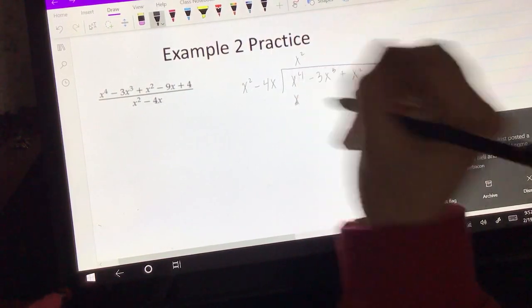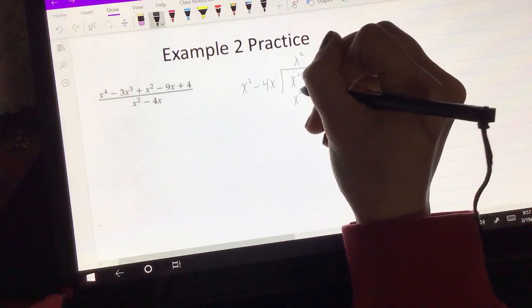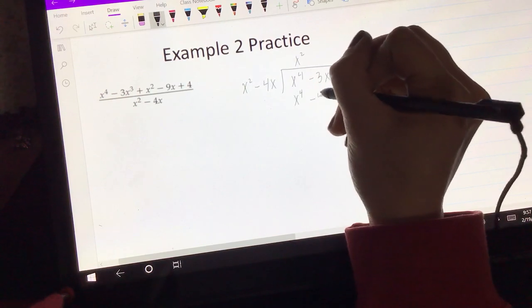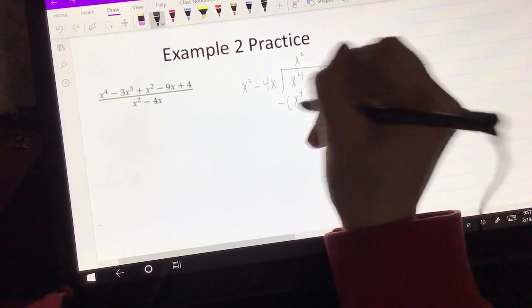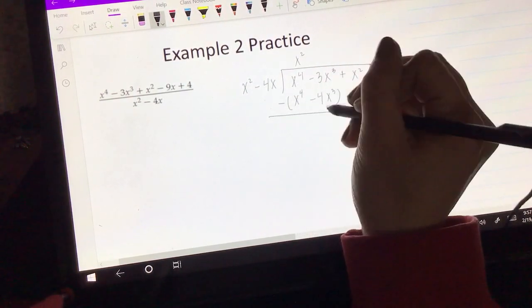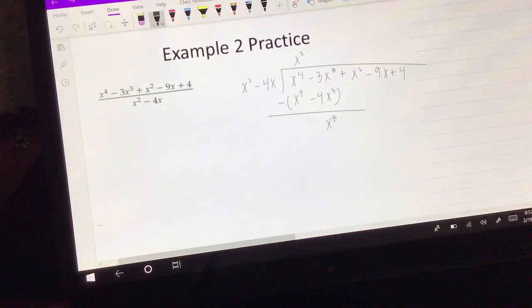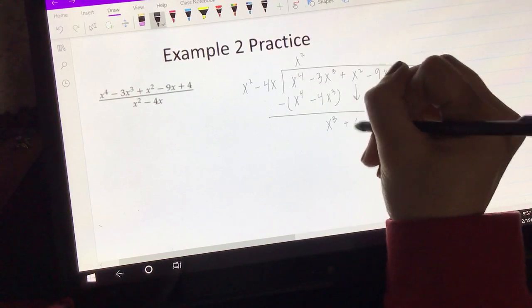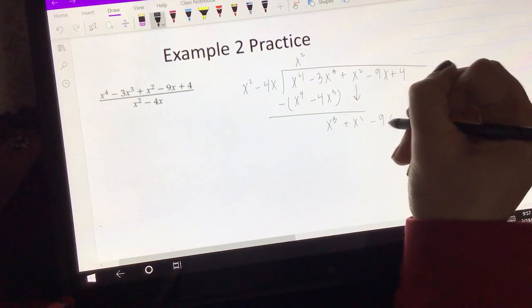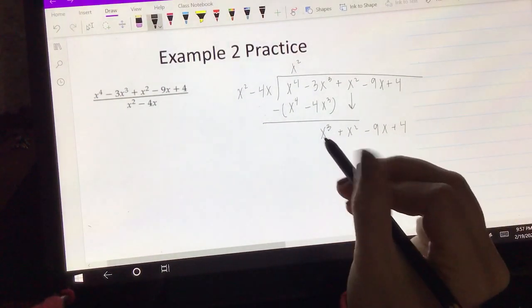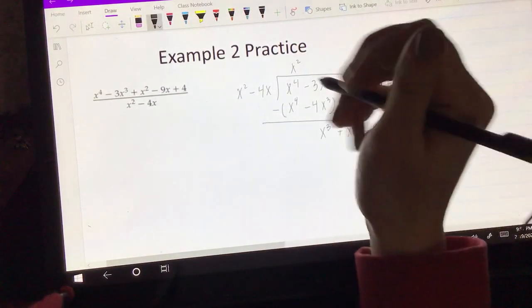Multiply. Subtract. Bring down. Divide. X cubed divided by x squared leaves me with an x.